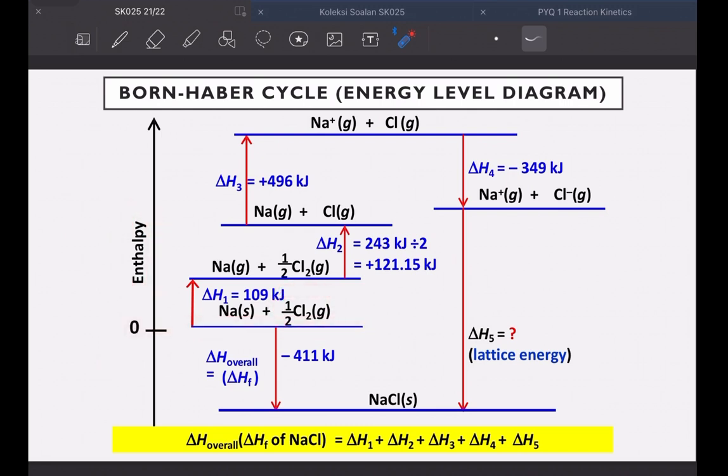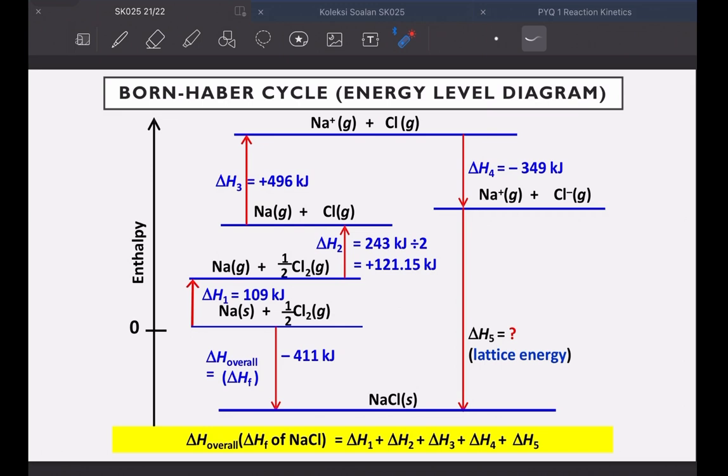And then make sure when you do your arrows, you cannot combine delta H1 with delta H2. You have to do it one by one separately. Delta H1, delta H2, and then delta H3. You have to do one by one, you cannot combine.